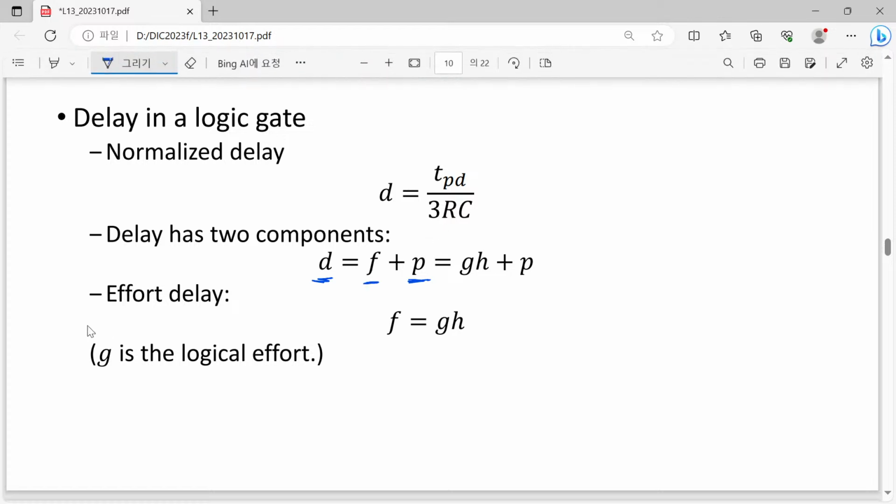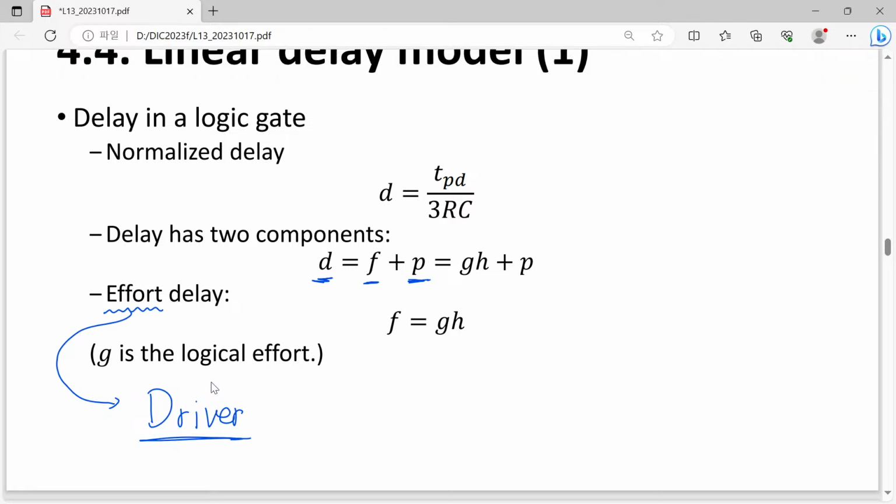So what is the meaning of this effort? And this effort is the effort spent by our driver. Driver should pay some effort to charge and discharge the connected load gate. So that is called effort.